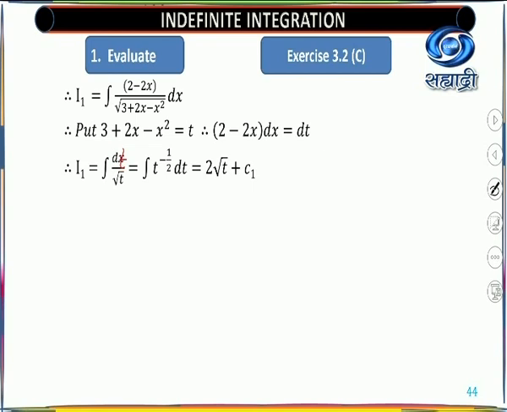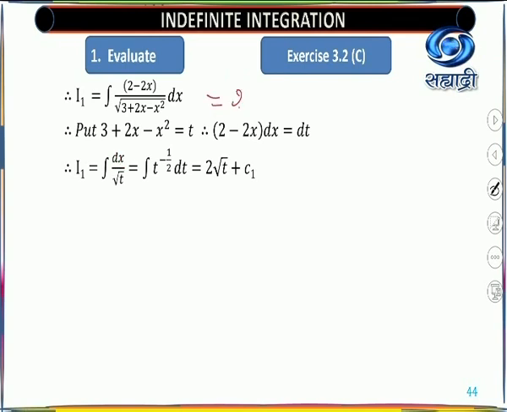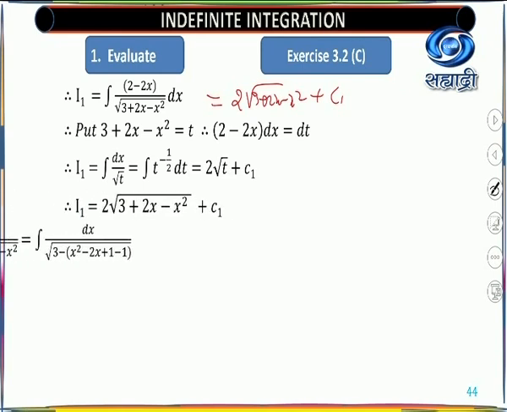Look at here, the same value I have given by direct method, that is 2 root fx, that is 3 plus 2x minus x square plus constant of integration by our corollary, which we discussed in this lecture only. I have already discussed these corollaries in our indefinite integral. So that formula also we are able to use. You will get this as 2 root 3 plus 2x minus x square plus c1.